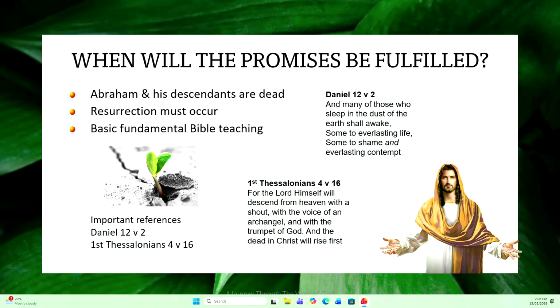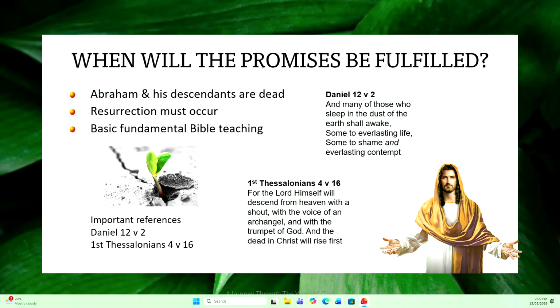And 1 Thessalonians 4 verse 16: for the Lord himself will descend from heaven with a shout, with the voice of an archangel, and with the trumpet of God, and the dead in Christ will rise first. And just in case you're wondering, that's only two verses out of the whole Bible, there's plenty more. 1 Corinthians 15, there's many verses that talk about the resurrection.